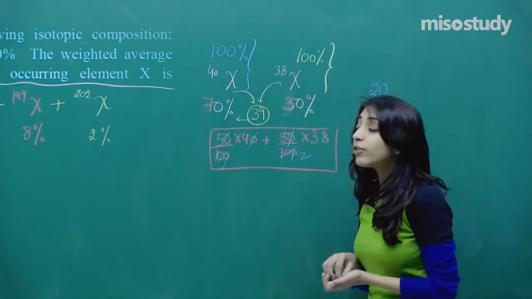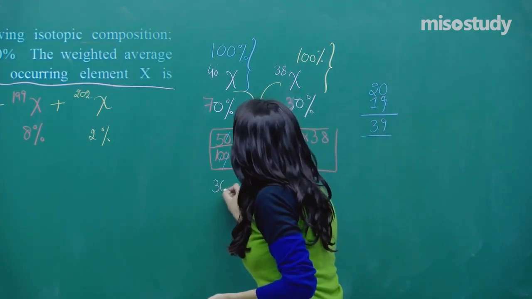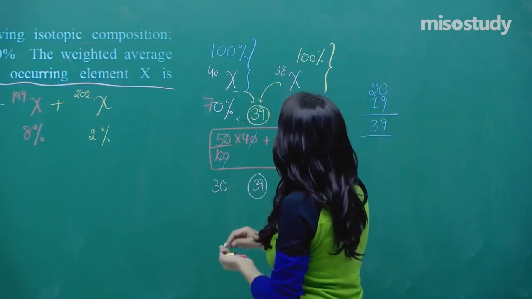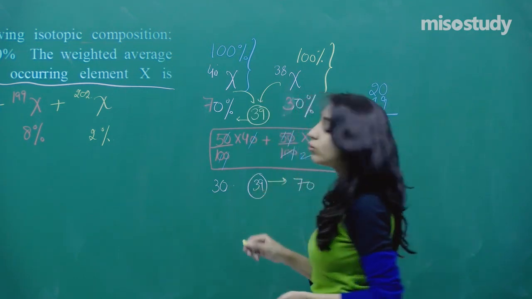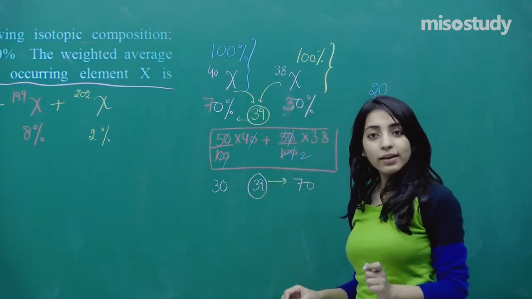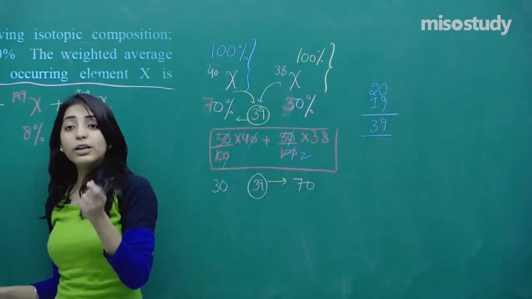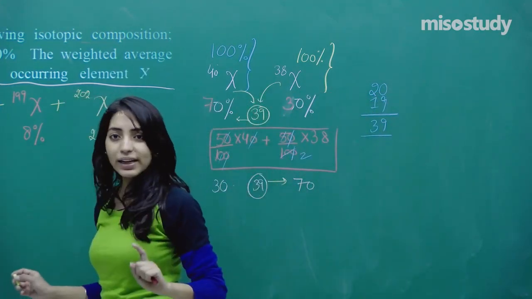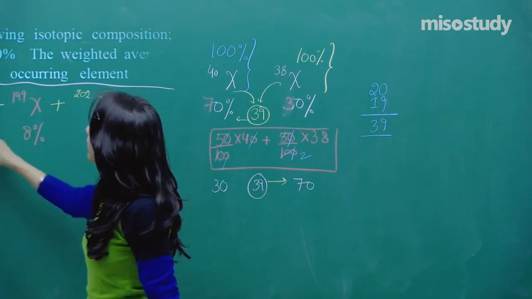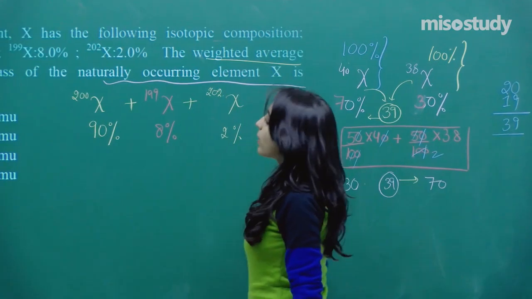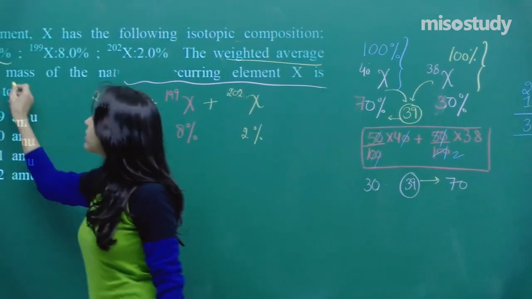However, if you would have taken this as 30, this as 70, then instead of getting the answer as 39, the answer would have been close to 38. Right? So the one which is present in maximum percentage, the answer will be close to that only. Clear, right?